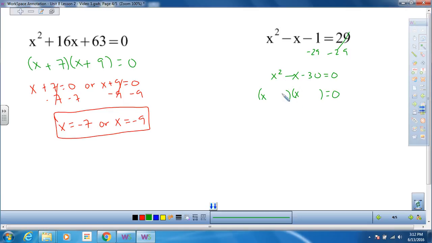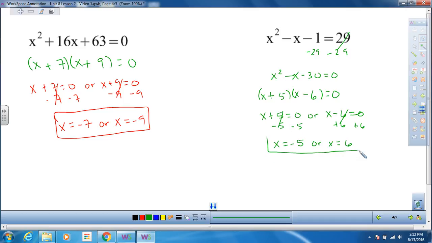So it multiplies to give me -30 and adds to give me -1. I think I need a +5 and a -6. Then set each piece equal to 0, and I get -5 and 6 as my solutions.